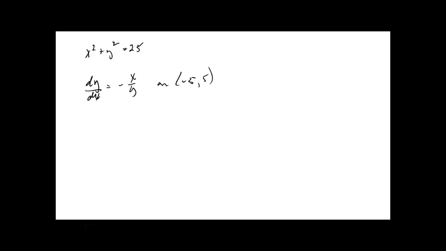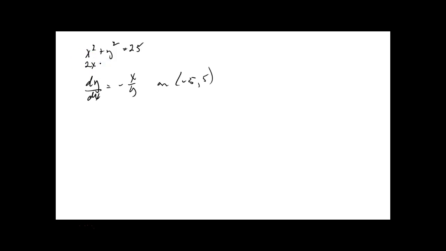It's not a function though. Well, the easiest way to me: you could solve for y, and then you have a piecewise defined function, y is equal to plus or minus the square root of 25 minus x squared. Well, that's awkward. But implicit differentiation, do it. Differentiate that implicitly.